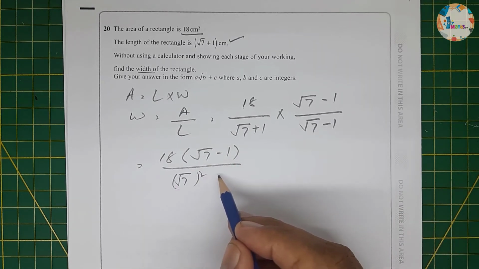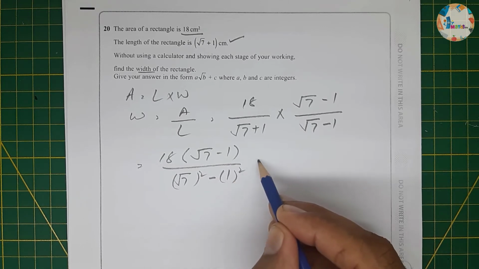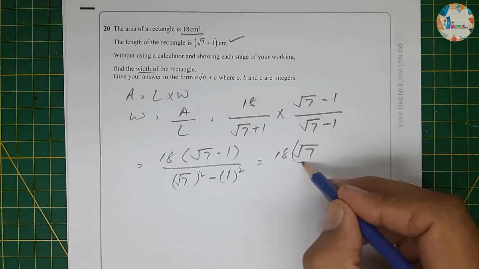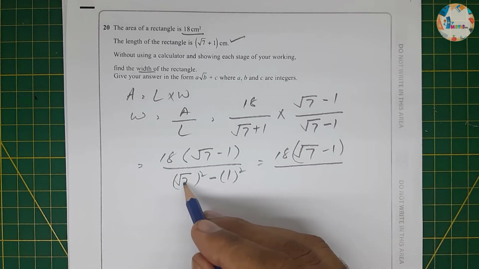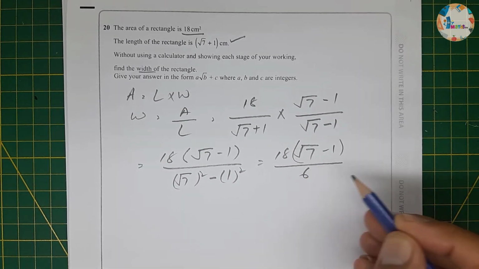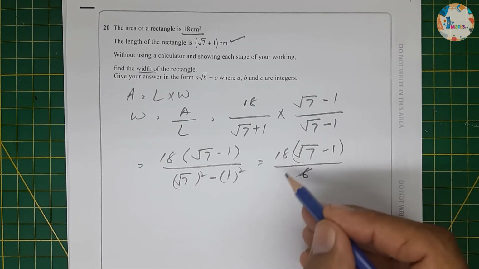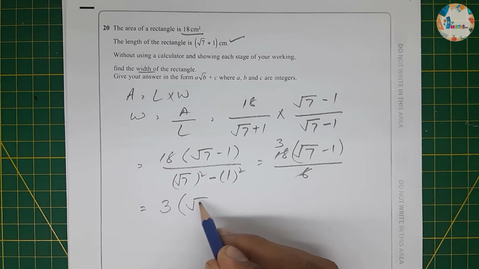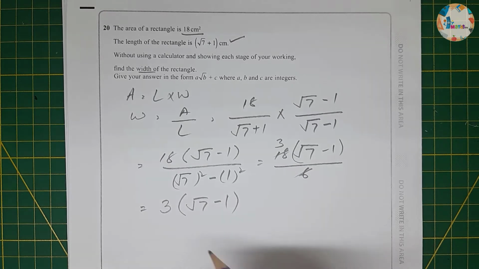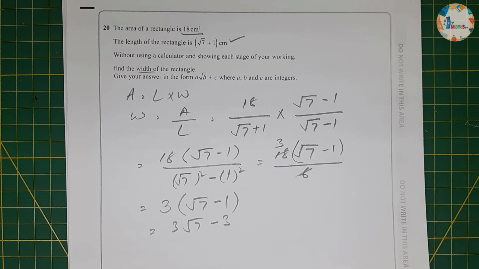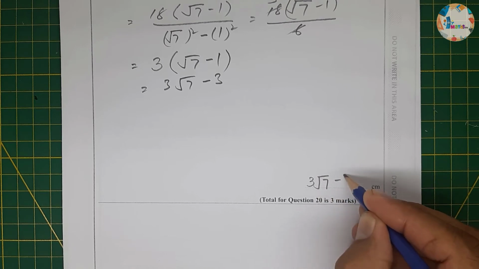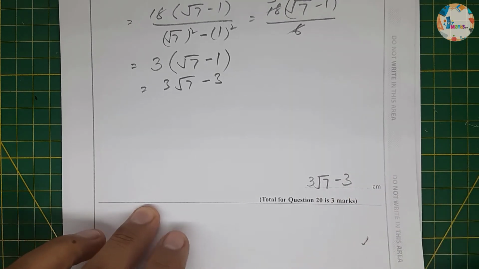So this will be equal to a square minus b square, and this will be 18 under root 7 minus 1 over, this will be 7 minus 1, which will be equal to 6, and 6 3s are 18, we can cancel, and our final answer will be 3 under root 7 minus 1, or we can write 3 under root 7 minus 3. This will be our final answer. We can write over here 3 under root 7 minus 3. Hopefully you understood this as well.